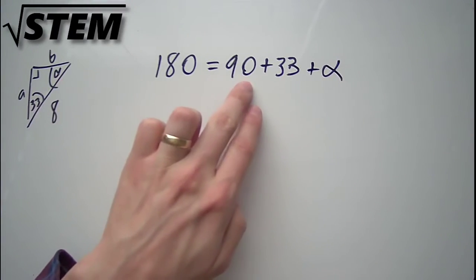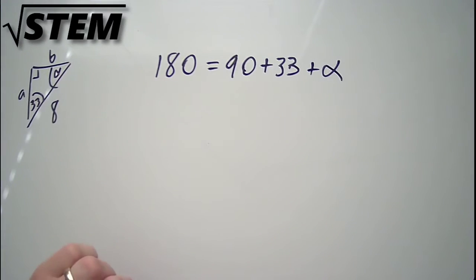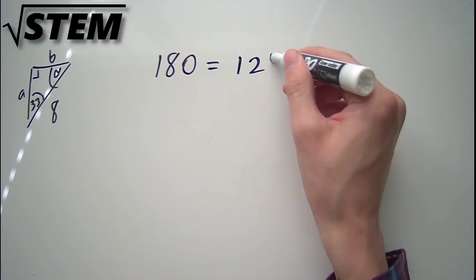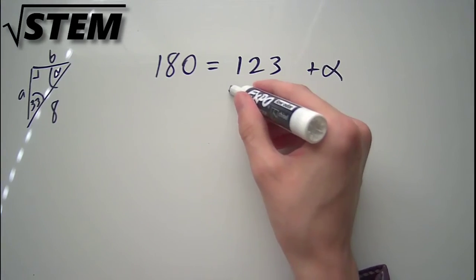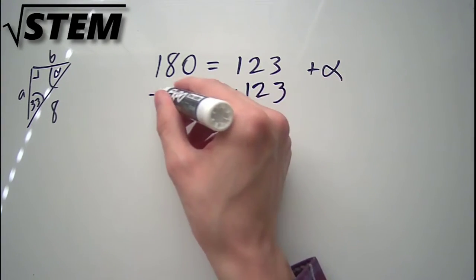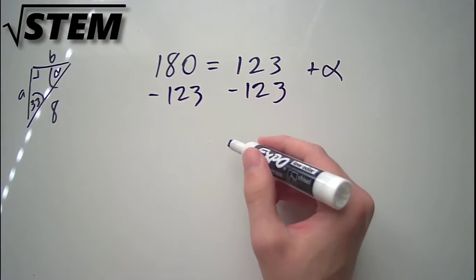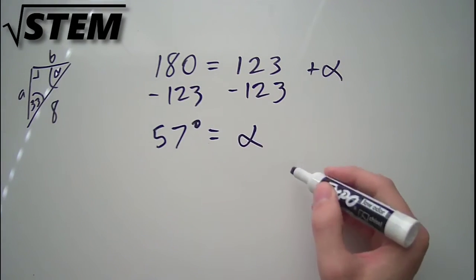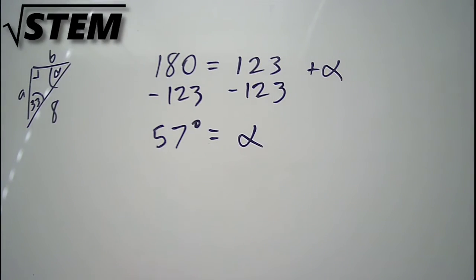Those are all going to add up to 180 degrees. We can go ahead and put these together. That adds to 123. Then we'll just subtract that from both sides to see that alpha equals 57 degrees.